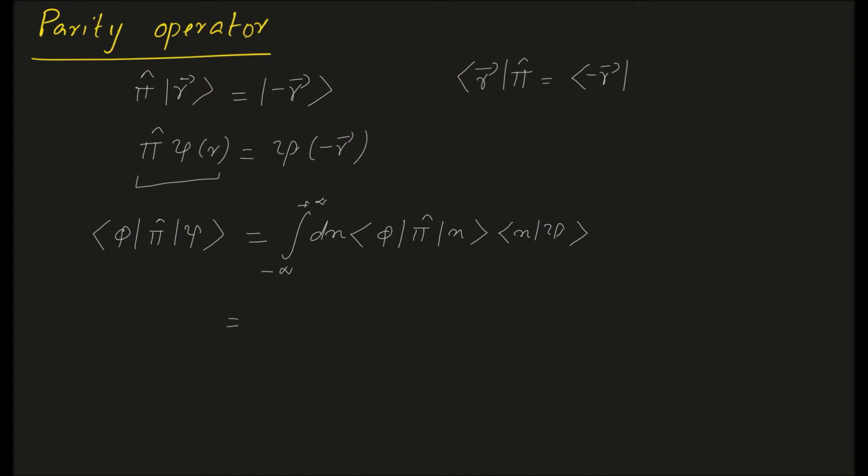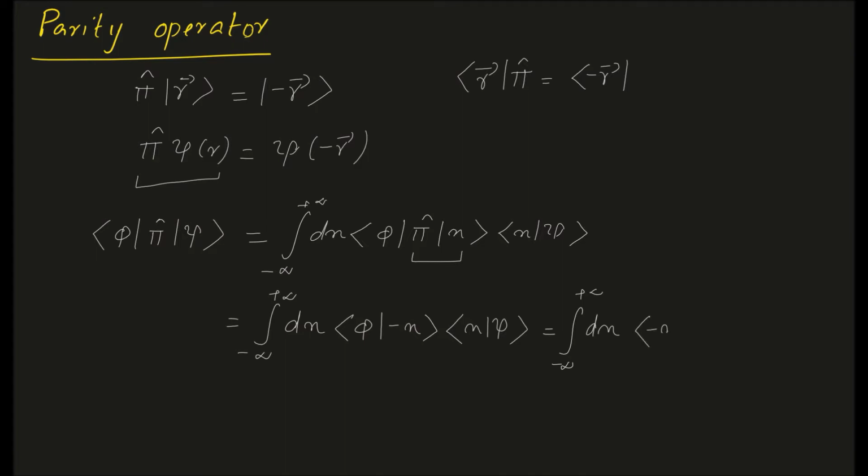Now by the definition, π acting on |x⟩ should give you |−x⟩. So this becomes the integral from minus infinity to plus infinity dx ⟨φ|−x⟩⟨x|ψ⟩.